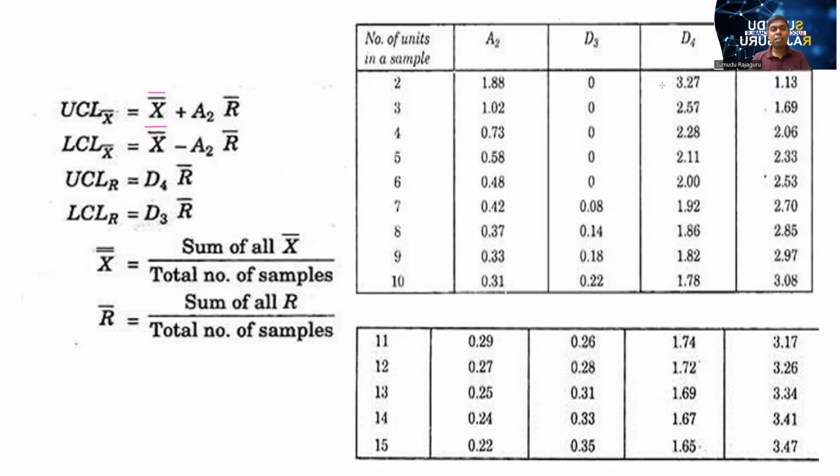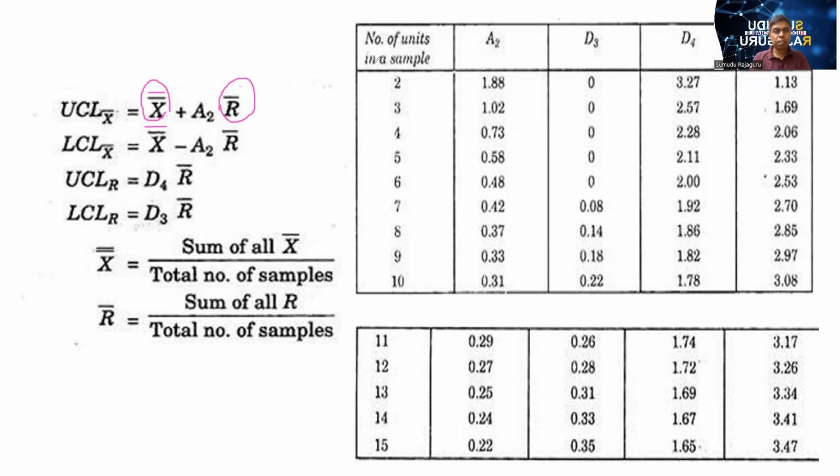Now there is a standard table in statistics. When we calculate the upper control limit, it is X double bar plus A2 times R bar. We know the X double bar because we have already calculated it. We have already calculated the R bar also, but we don't know the A2.